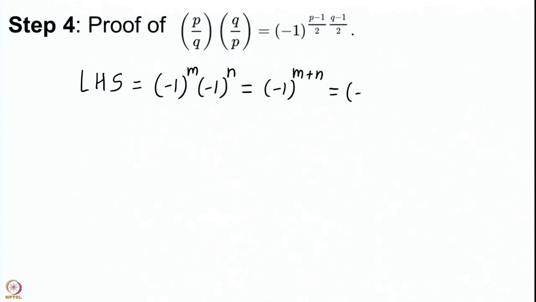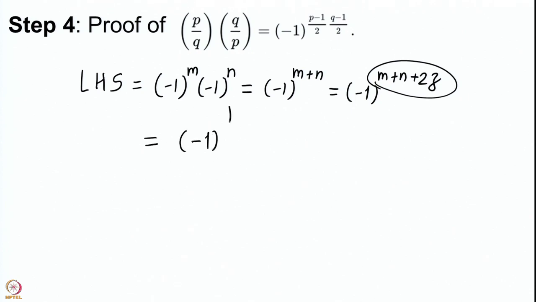But if you add an even number to this power, then you do not get anything different. So, you get m plus n plus 2z, but this is now the number of lattice points in the region R, which is equal to the product of these two numbers. Let me draw a big rectangle here, because this was indeed a very long proof, but now this is proved.